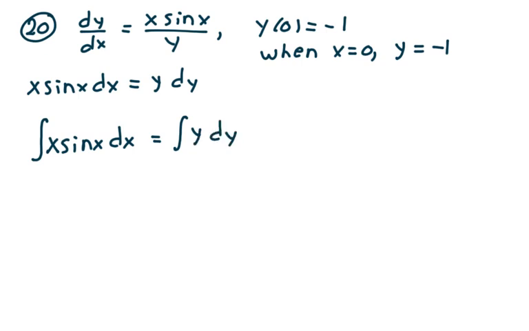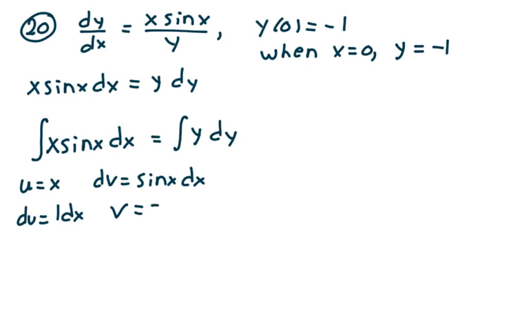Now, on the left-hand side, we can integrate by parts. So I'm going to let u equal x, and I'm going to let dv be sine of x dx. So du is 1 dx, and v is negative cosine of x.